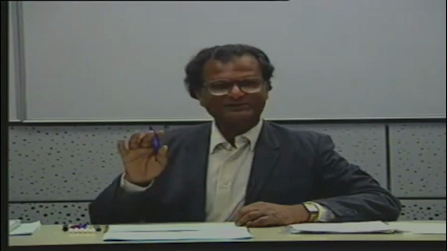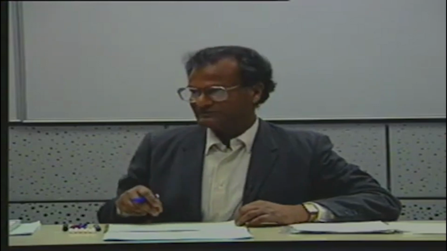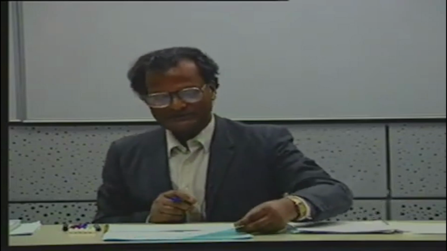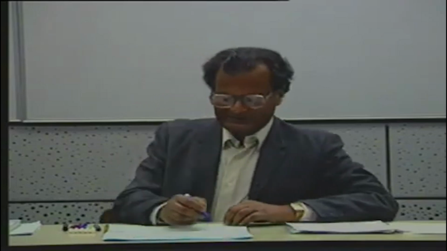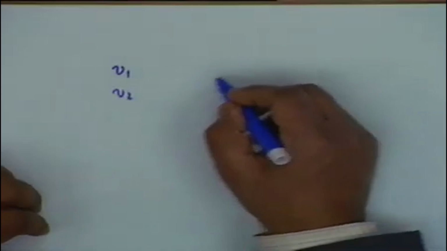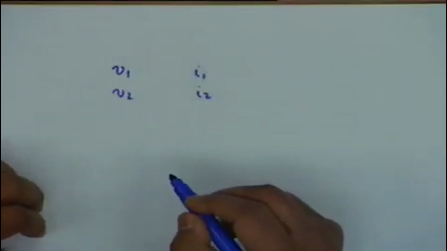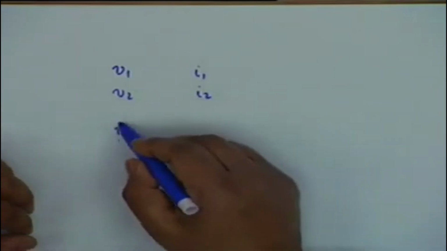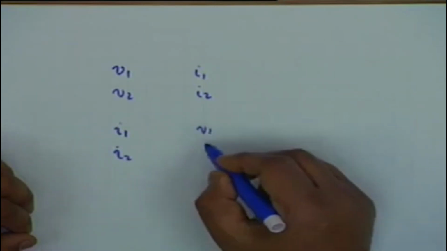You can have V1 I1, or you can have I1 V1. That's also a possibility. There are in all 6 ways, but at the present time, we shall concern ourselves with only 2 of these representations, that is V1 V2 in terms of I1 I2, or the other way around, that is I1 I2 in terms of V1 V2.